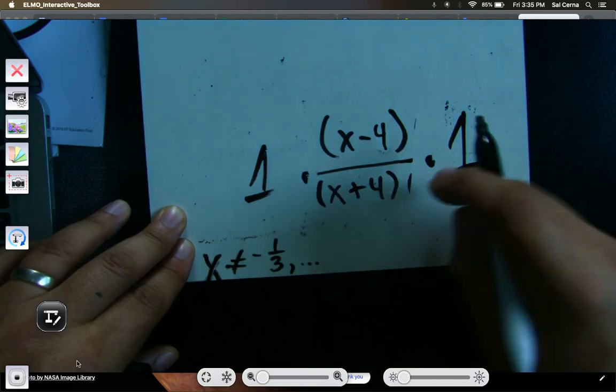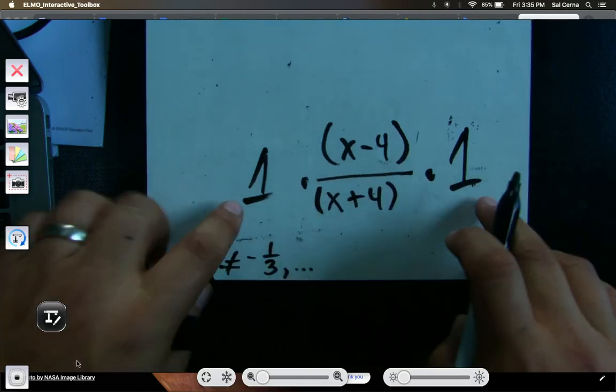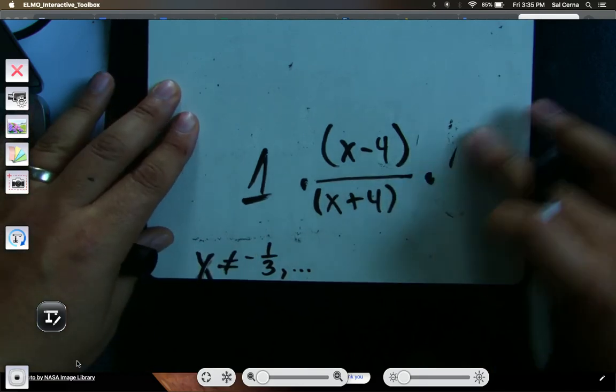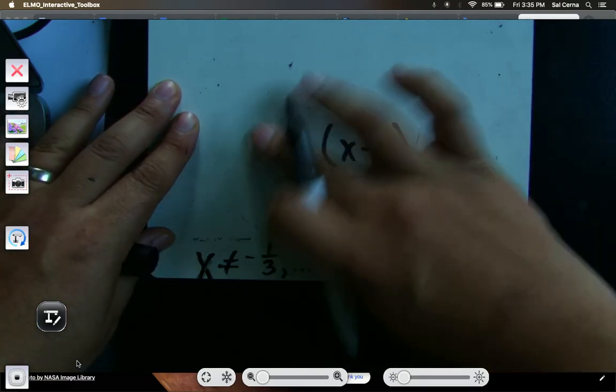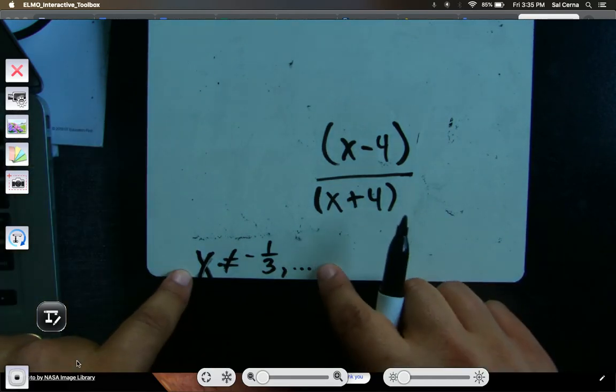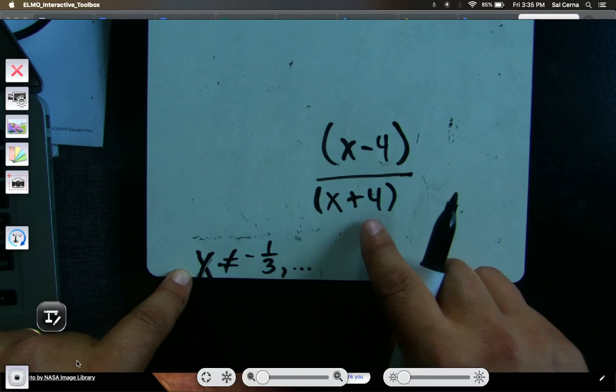Well, obviously, 1 times 1 times 1 is 1, so I'm left with my final answer, x minus 4 divided by x plus 4. X cannot equal negative 1/3, right?